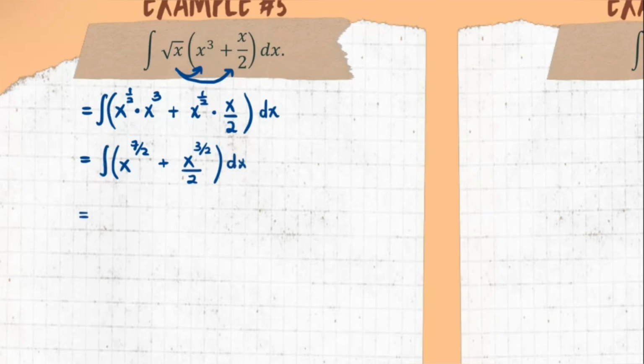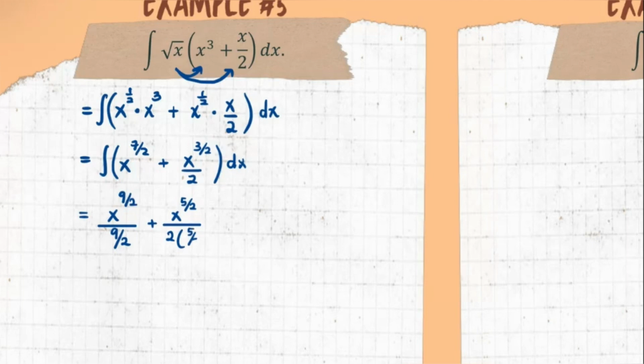Bila dia hilang, dia akan ganti dengan plus c tadi. So ini power tambah dengan 1. So dapat x to the power of 9 over 2 divided by 9 over 2 plus x to the power of 5 over 2 divided by 2 ni masih kekal.